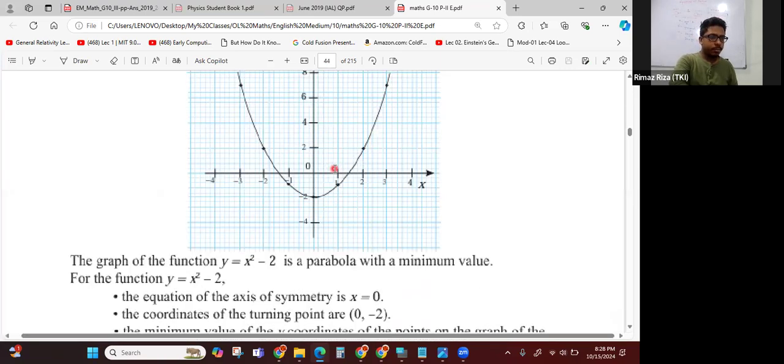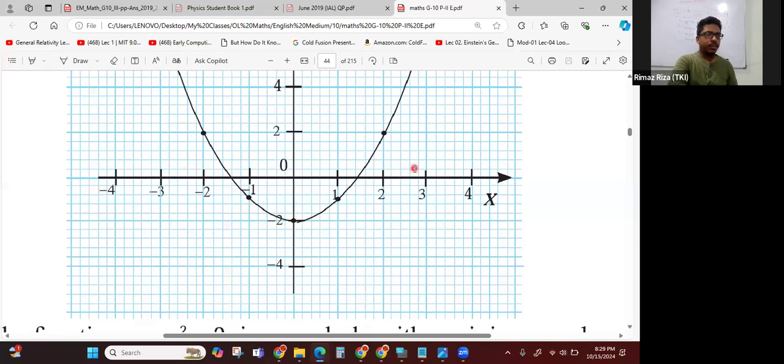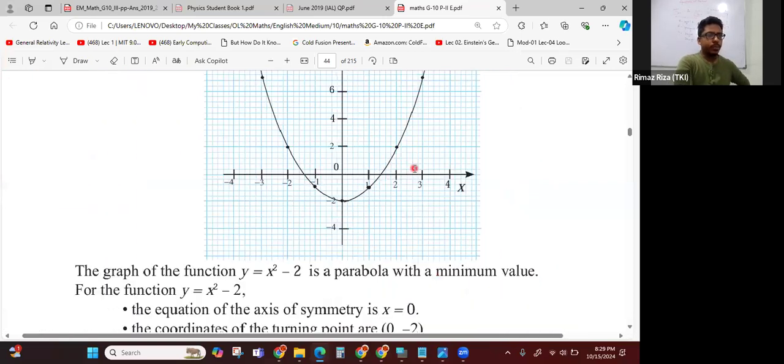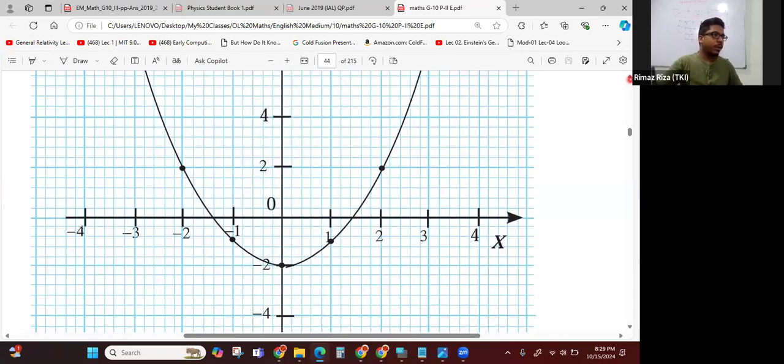Now for example, let's take this graph. This is the graph of the function y equals x squared minus 2.